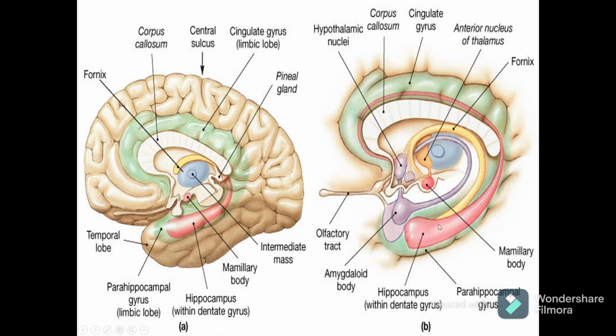Hippocampus. Then parahippocampal gyrus. Then amygdala, olfactory bulb. So these are the various limbic system structures.